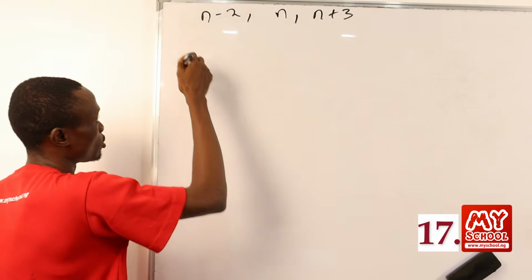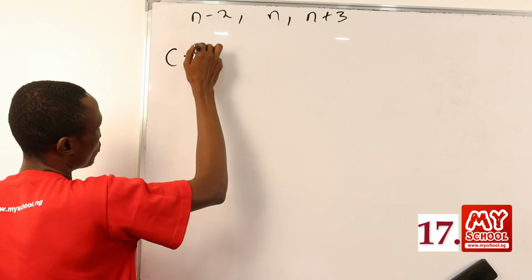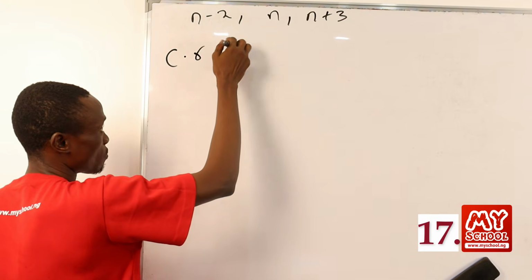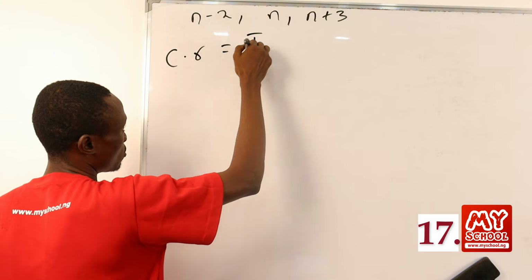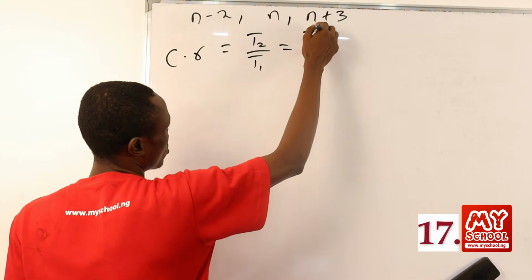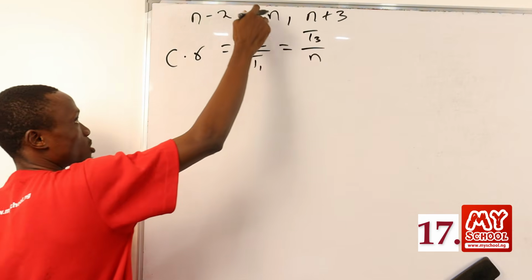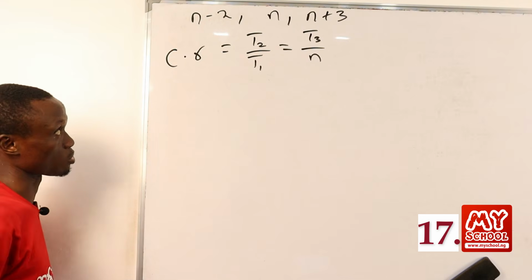We know that the common ratio, CR, okay, the common ratio of a geometric progression is given as the second term divided by the first term, right? And this will also be equal to the third term divided by the second term. So these are the 3 consecutive terms that are given to us according to this question.